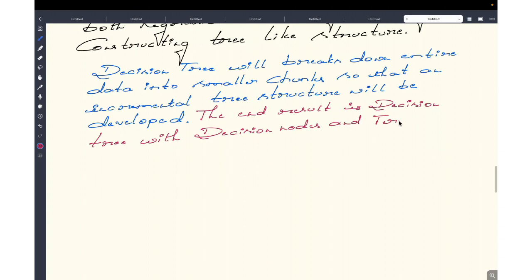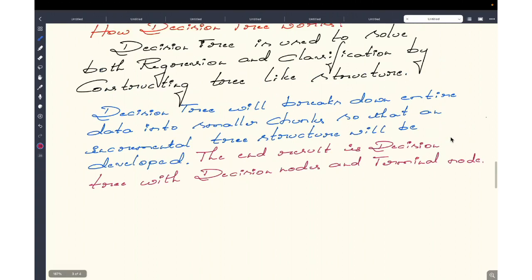This is how a decision tree is going to work. It takes data and tries to break down the entire data into smaller and smaller chunks so that an incremental tree will be developed. The end result is a decision tree with decision nodes and terminal nodes.